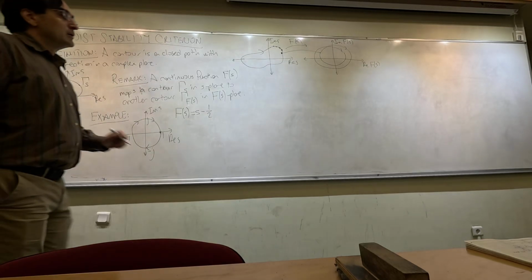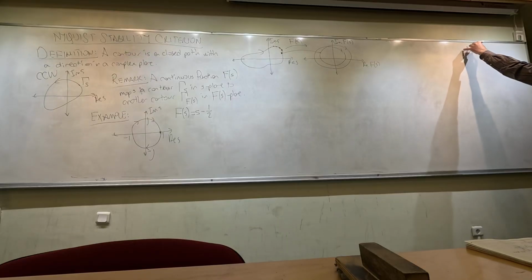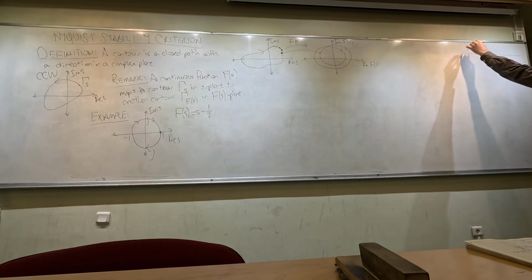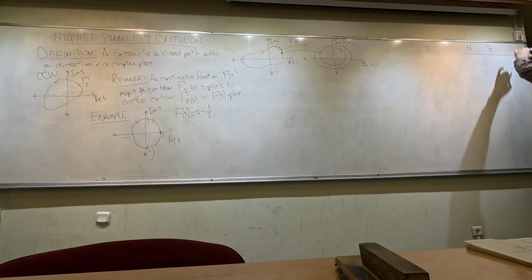Okay? So here, on this side, I will write some numbers. These are going to be some integers. And these integers are going to be called n, z, and p. Okay? And Cauchy principle of argument is going to be a relationship between these three integers. Okay?